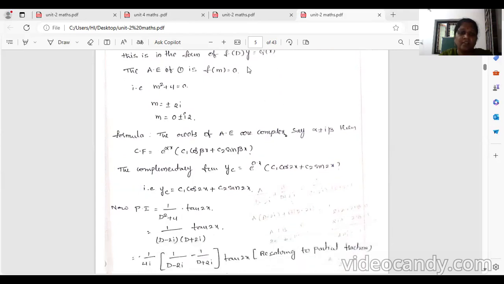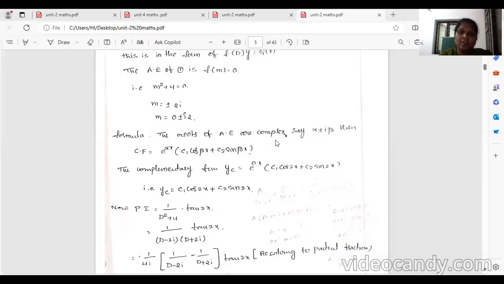Here the auxiliary equation is f of m equal to 0. In place of D, substitute m. So m square plus 4 equal to 0, so m equal to plus or minus 2i. It can be written as 0 plus or minus i into 2. These are complex roots, alpha plus or minus i beta.